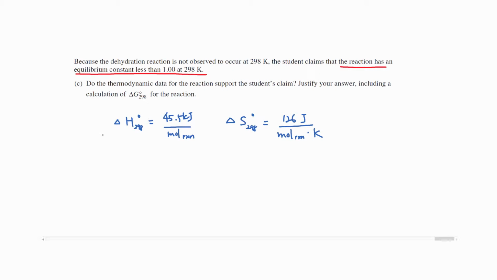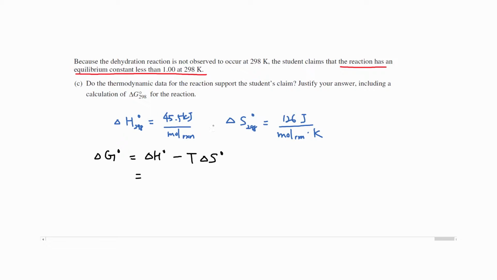So remember the delta G formula goes delta H minus the product of the temperature in Kelvin times delta S, the measure of disorder. So something you have to be careful about.